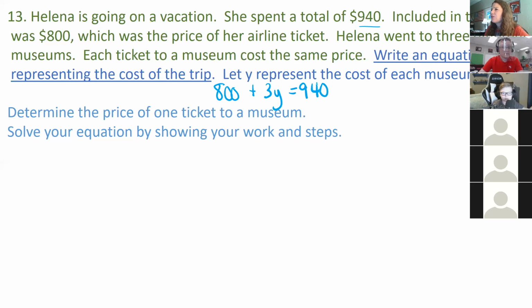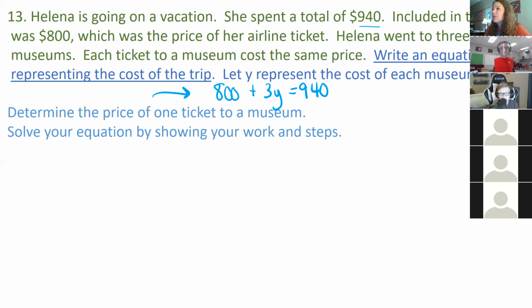Yes, I agree too. So this is an equation, right? Equations have equal signs. Some people would write 940 minus 800 divided by 3 is, and give me a price, which is technically right, but I didn't see an equation. So make sure you do what the question or problem says.